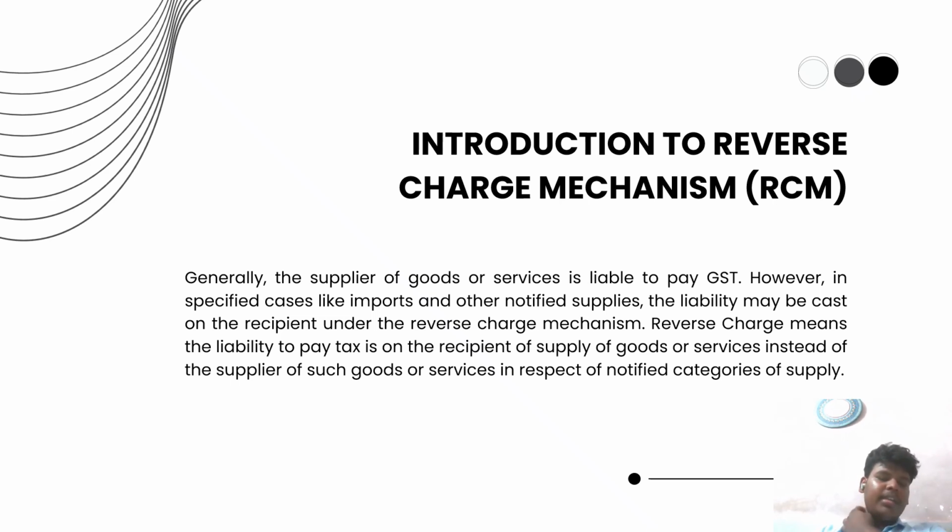So basically, reverse charge mechanism means here the recipient is paying the GST and not the supplier. This happens in cases where the supplier is not registered in GST Council or is a very small businessman.